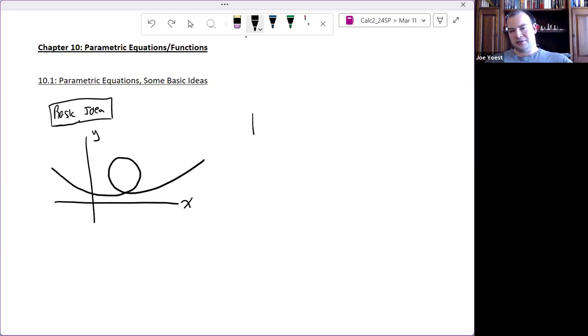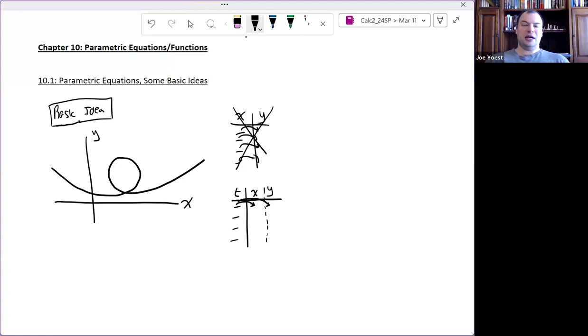So instead of having a function like this, where I list some X's and they give rise to certain values of Y, a normal function, maybe it would be valuable to think of a third variable, T, where at a certain time, I have my ball on the table at a certain position, X and Y. The time that I choose gives rise to both the horizontal and vertical location.